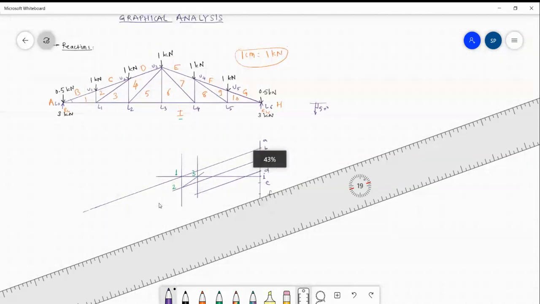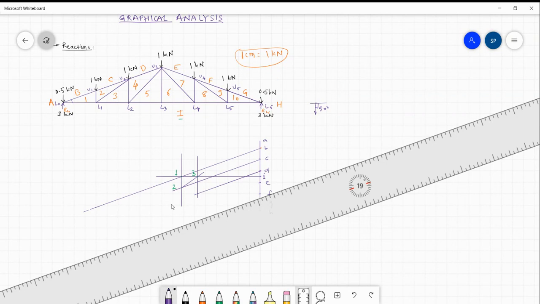So this line started from 3, and wherever it intersects with the line from D, that is nothing but your point number 4.